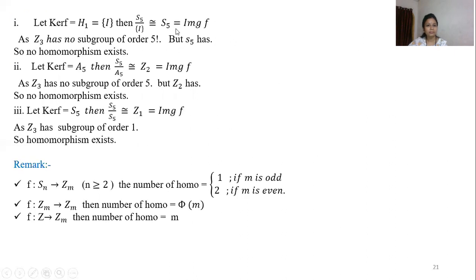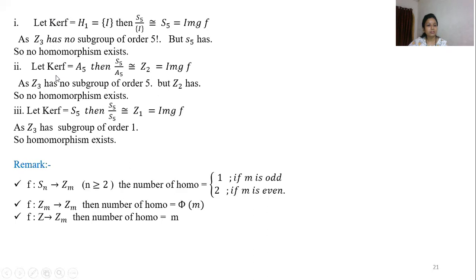Means this S5 would be a subgroup of Z3. Here S5 has a subgroup of order 5 factorial, that is itself, but Z3 has no subgroup of order 5 factorial. Therefore, this kernel is not allowed, and there does not exist any homomorphism.